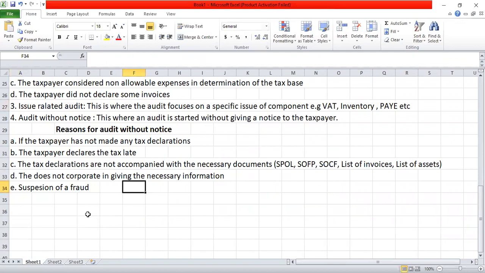So another thing I want us to talk about here is what we call the burden of proof.